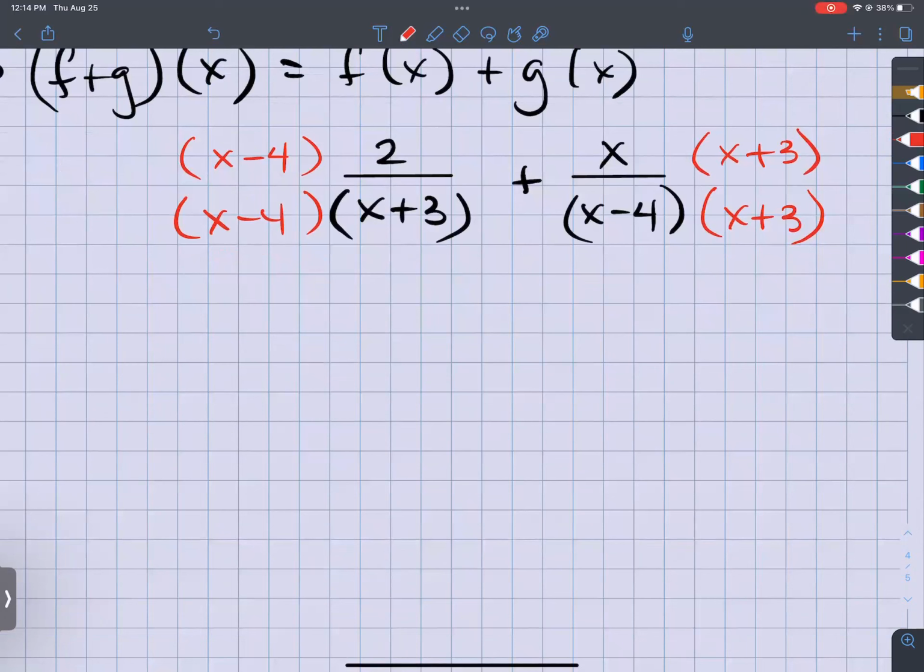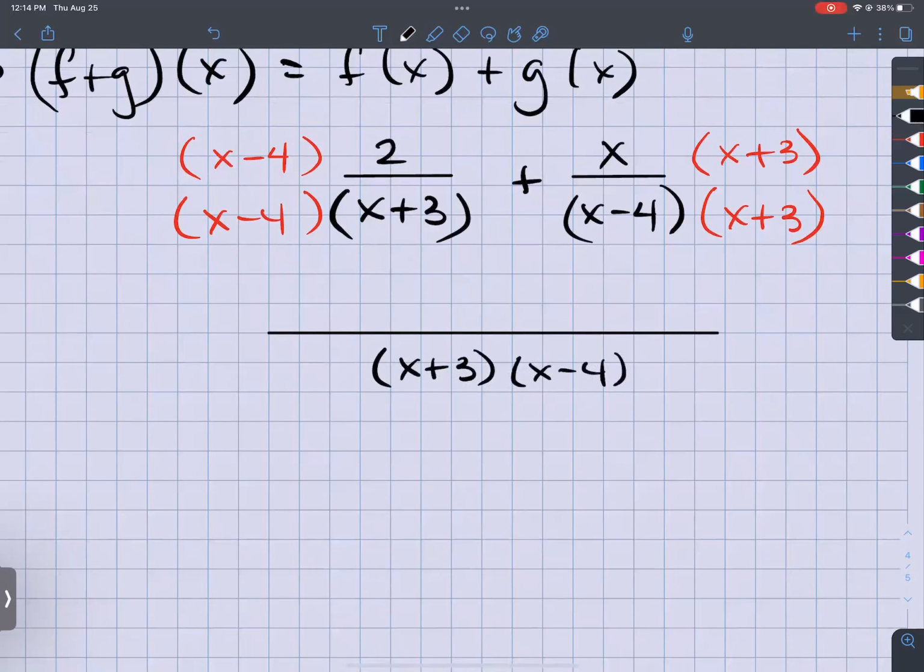So since the denominator is the same, I can leave the denominator as one thing, right? Keep the denominator, add or subtract the top. Well, the top is going to be 2x minus 8 plus x squared plus 3x.